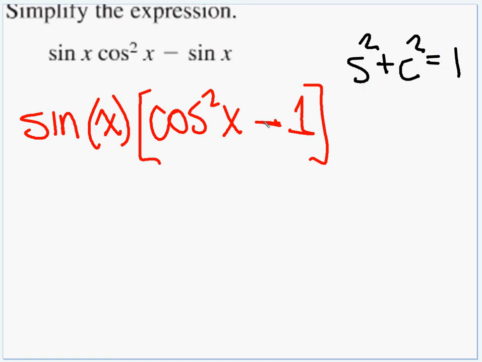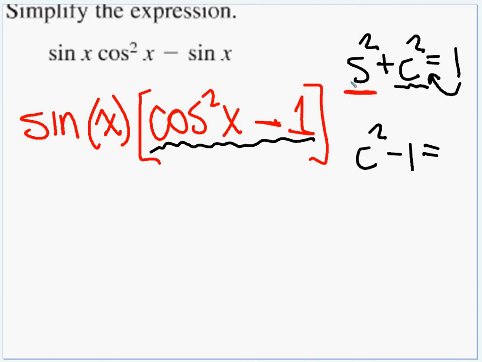I want to manipulate this and try to get a cos squared minus 1. Well, let's see. Over here, my cos squared is positive, so I don't want to move that to the other side. I'm going to leave this cos squared here. And if I bring this one over by subtracting it, this side is going to be cos squared minus 1. So what's going to be on the other side of equals? Well, we have to get this sine squared out of here.